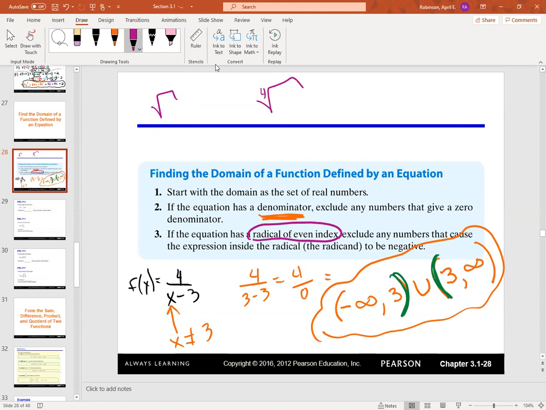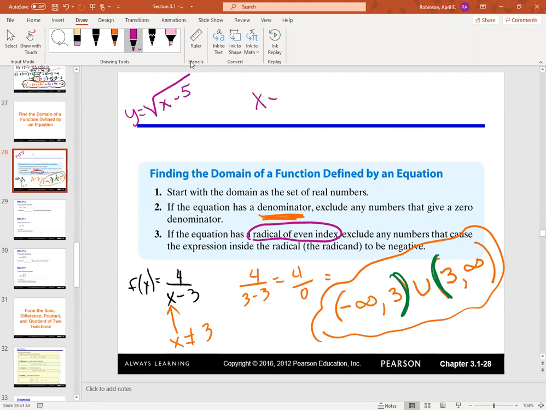So if you had an equation that was like y is equal to the square root of x minus 5, I'm looking at this and saying, whatever number that I plug into x, it can be anything as long as it doesn't result in something negative.